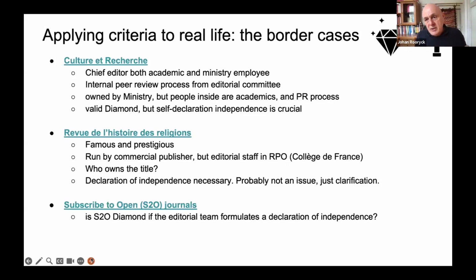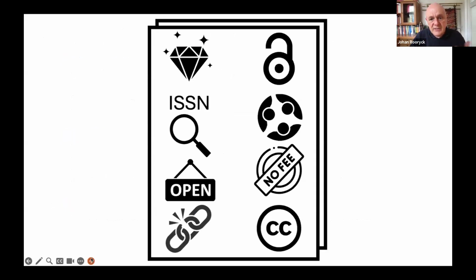But really, this depends on this community and ourselves deciding whether it's really worthwhile to give up this idea that the journal title should be owned by the academic community, or to have an intermediate position where we say, well, the journal title is not the most important element. What is really most important is control over the contents, more than control over the title. But again, this is something that is up for discussion. I do not pretend to have the answers to this. This is why we brought it here to you today.